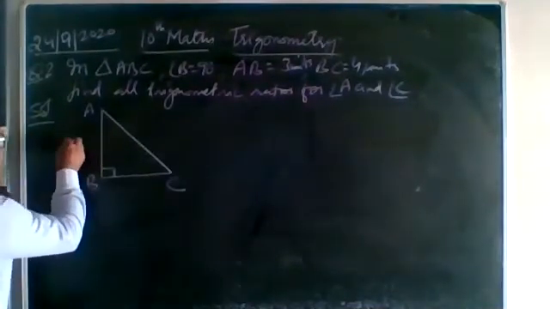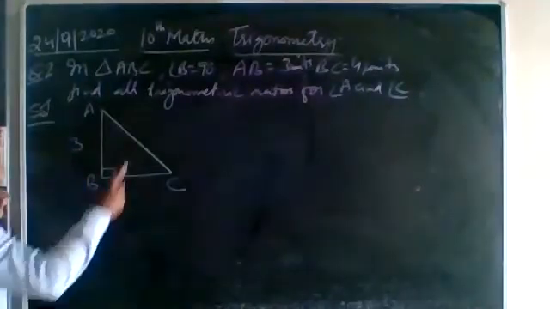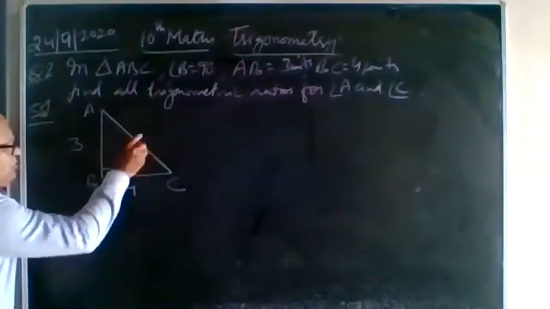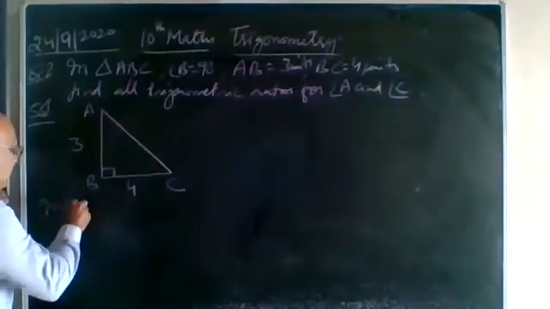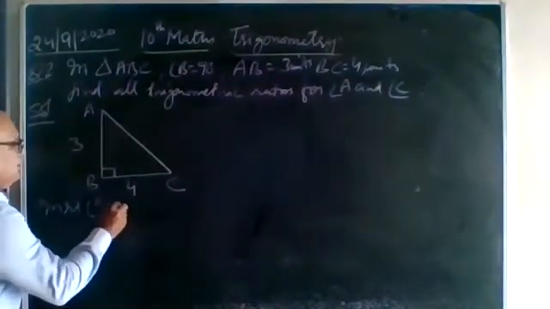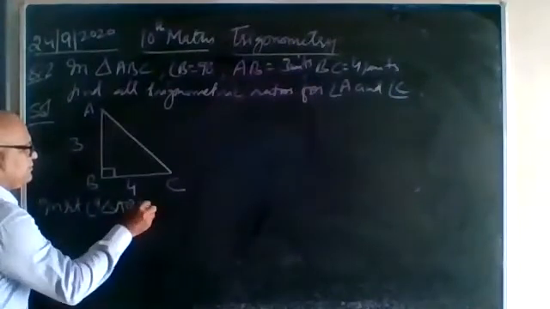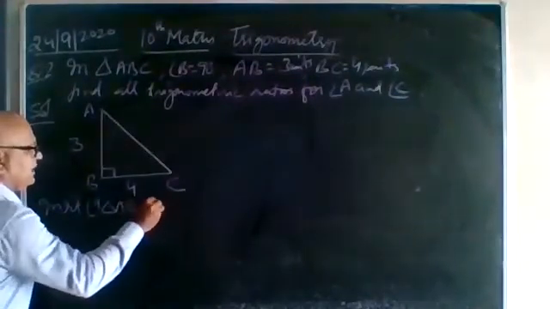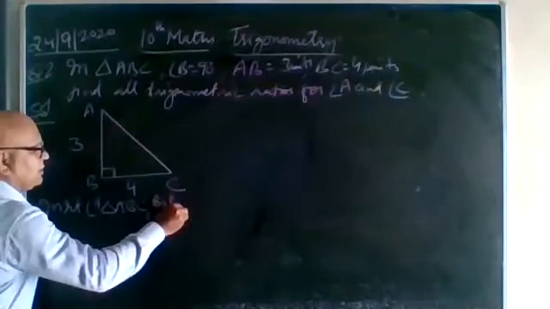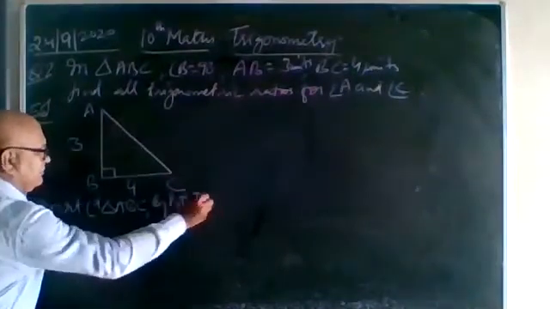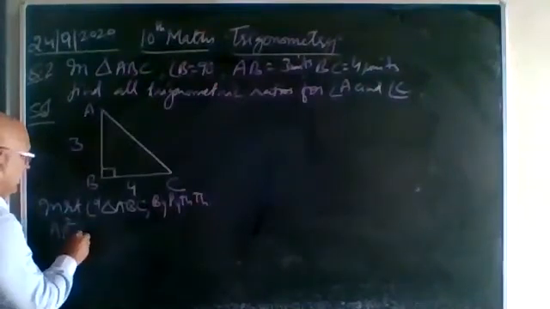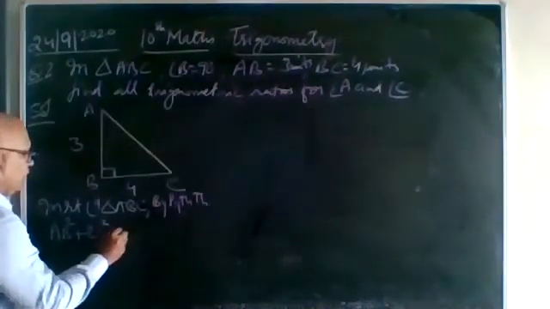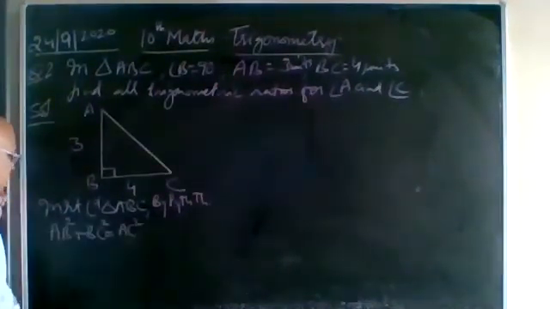Now AB is 3 units, BC is 4 units. So AC you can find out. In right angle triangle ABC, by Pythagoras theorem, AB square plus BC square equals AC square.